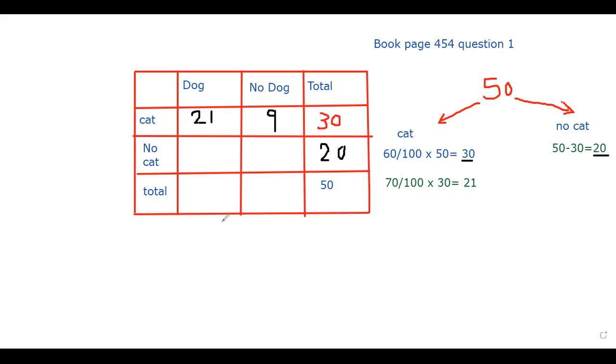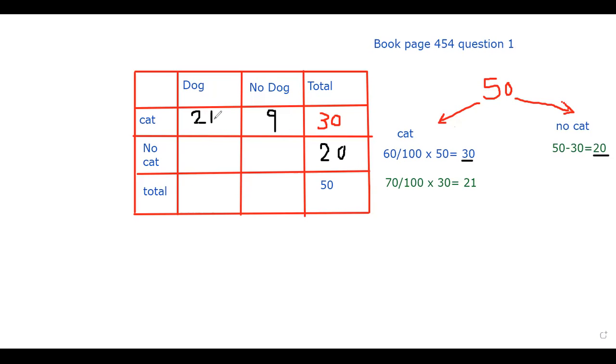We want to complete the rest of the table. Now, how many students don't have a dog? We said that 21 have a cat and also have a dog.